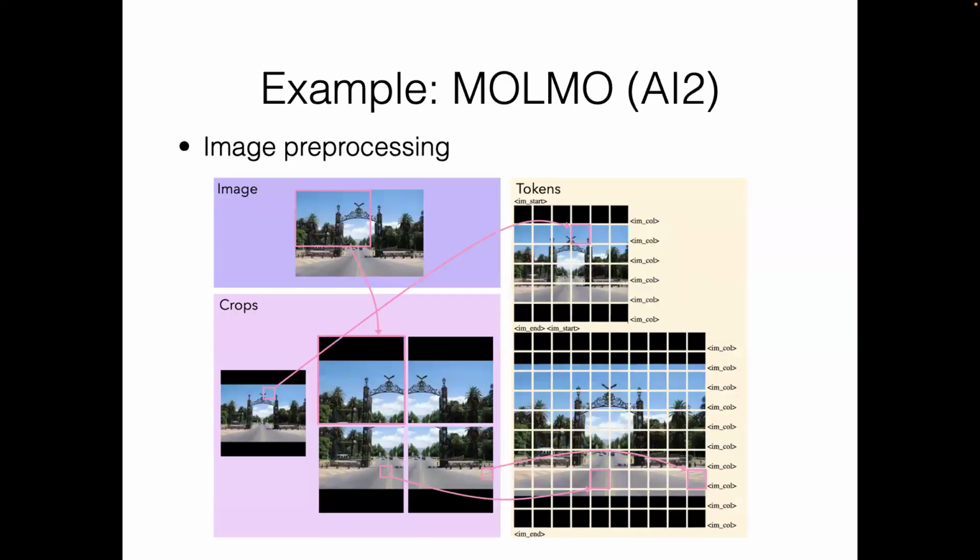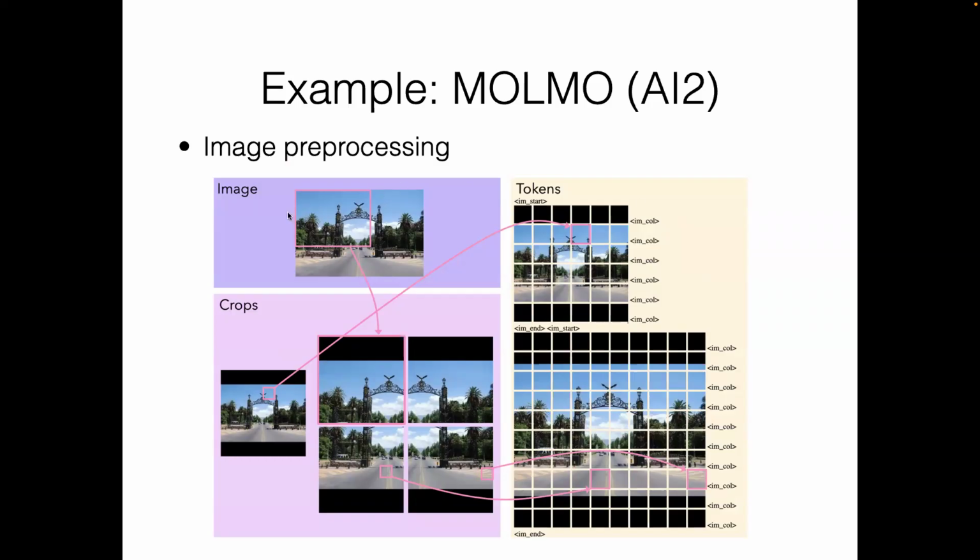Now you could take a look at their paper for basically all different parts of the pipeline that I told you about. You could imagine trying to make them better. So even in this image pre-processing step, maybe it's not ideal to just have these patches of the original image. What they do is actually take multiple crops of the image.